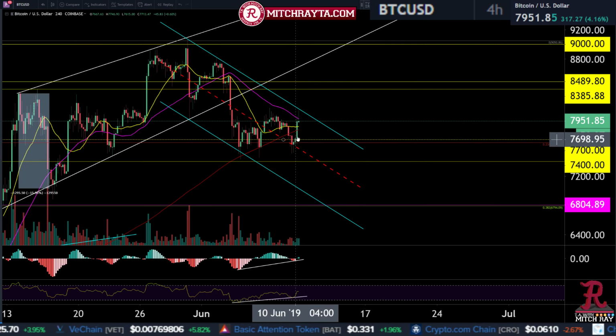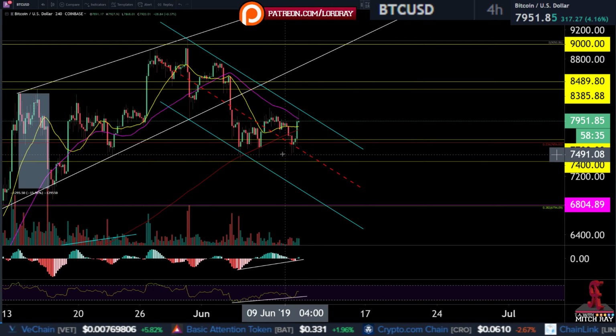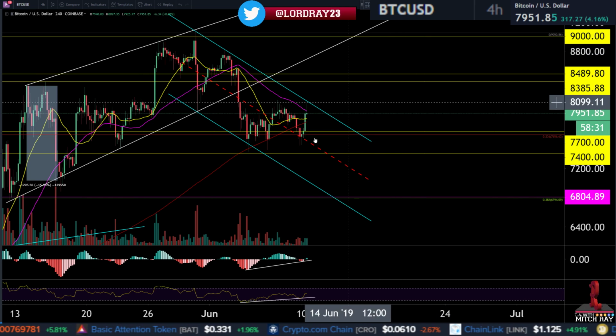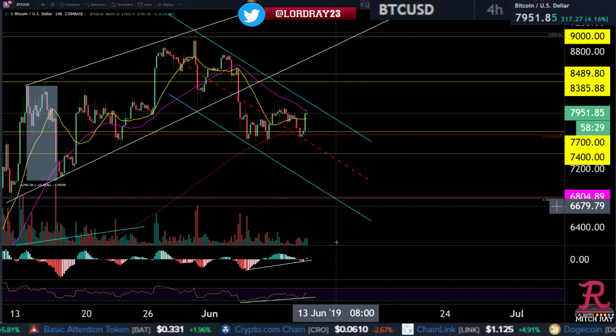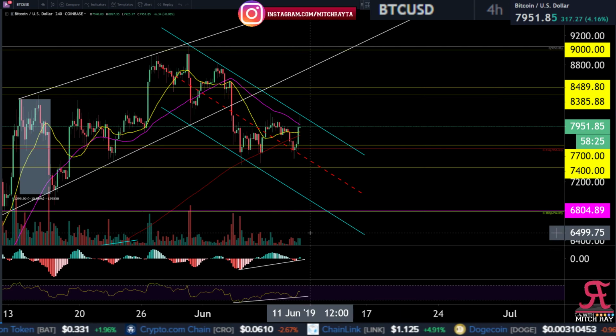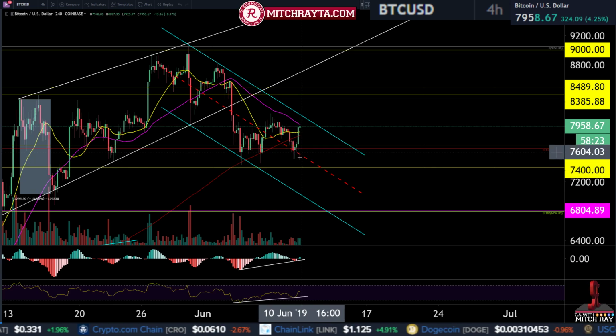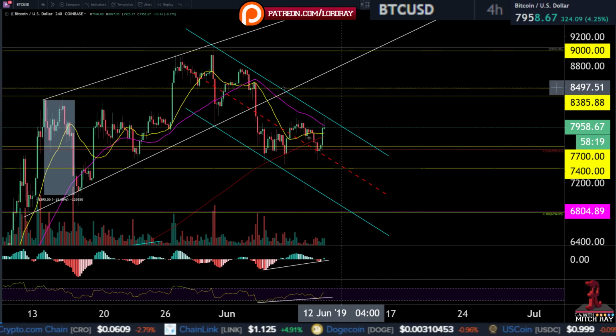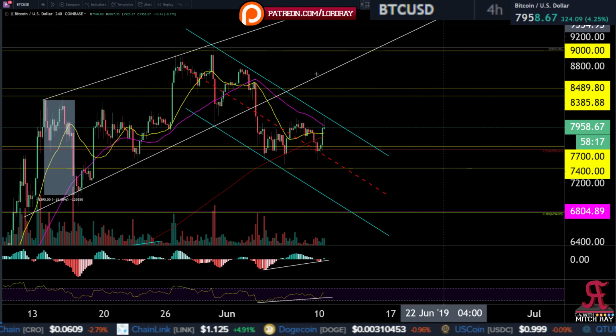I would have expected us to go lower. But last night, at like 2 o'clock in the morning, I was dozing in and out. I saw this and said to the patrons, hey, we got a bullish divergence alert, and we have a bullish pin bar to boot. And now we're up like $200 more.